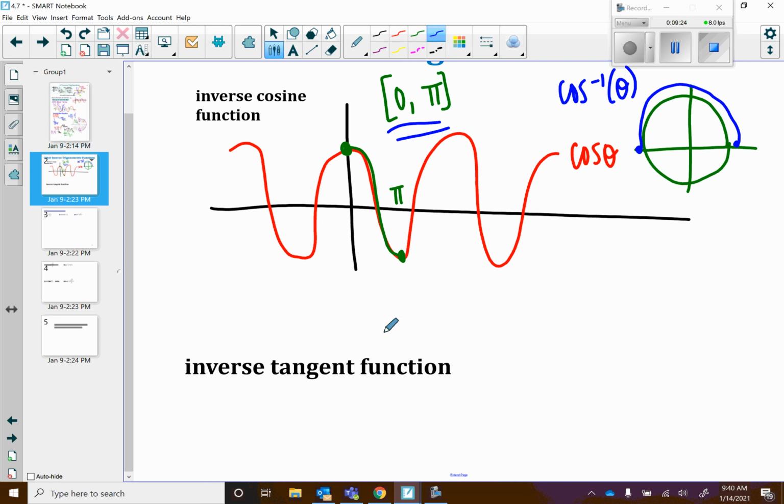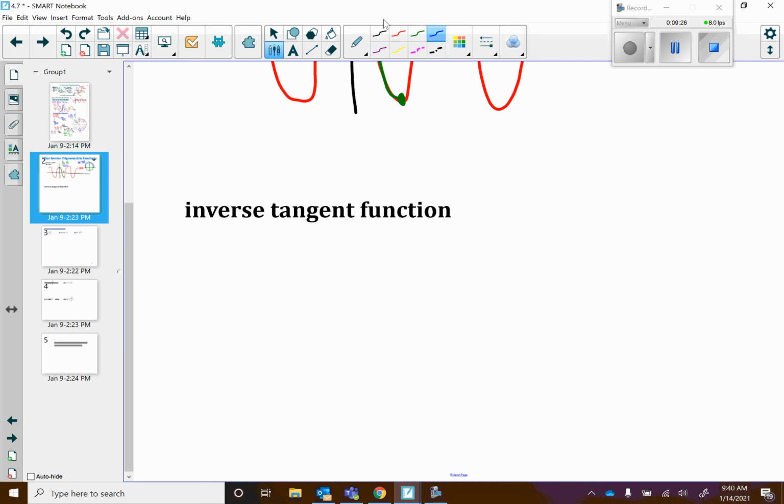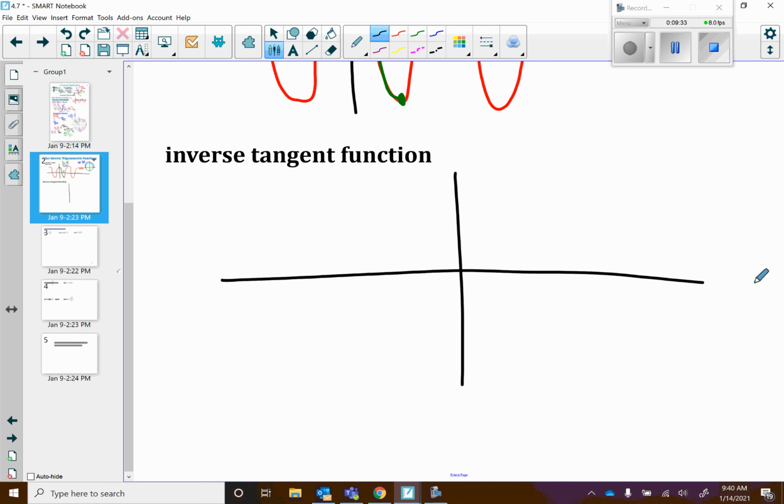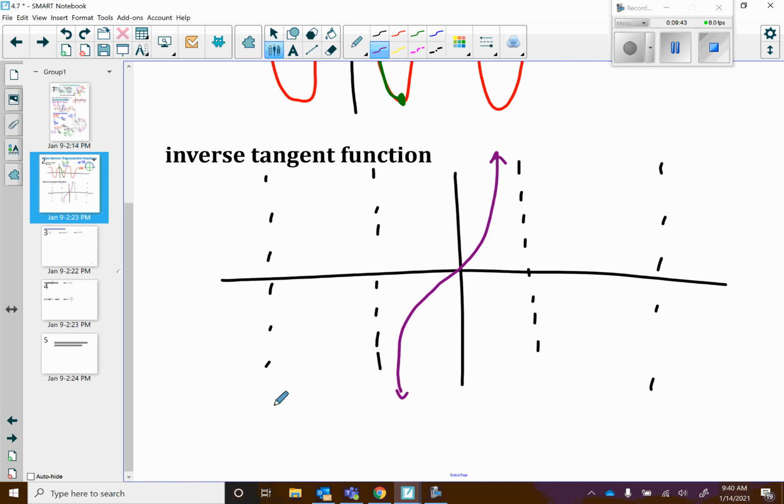And inverse tangent is actually kind of an interesting one. So let's remind ourselves of what the graph of tangent looks like. I know that it has asymptotes, and it generally looks like this. My asymptotes are at pi over 2 and negative pi over 2.